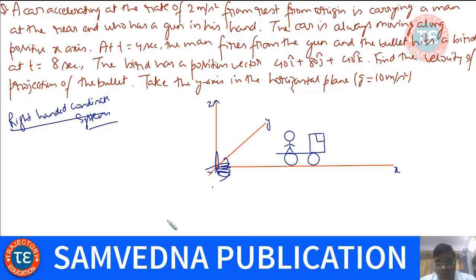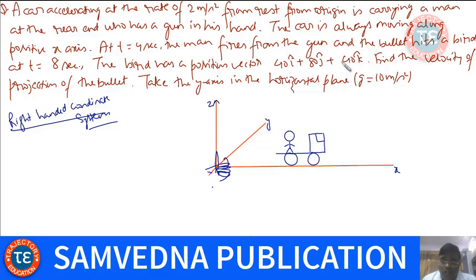If somebody draws y in this direction and some other person draws y in another direction, then they cannot discuss. Their things will differ a bit in mathematics. Physics does not confine you to right-handed or left-handed, but we have a convention of using a right-handed coordinate system, so we go for it, right?